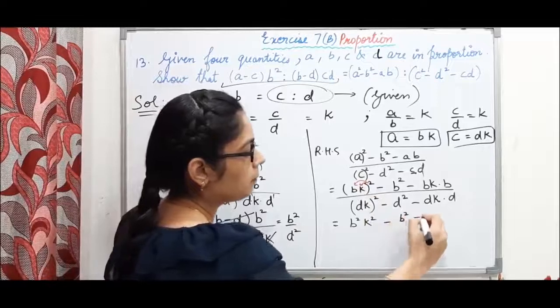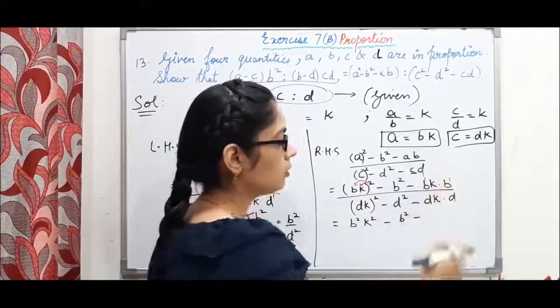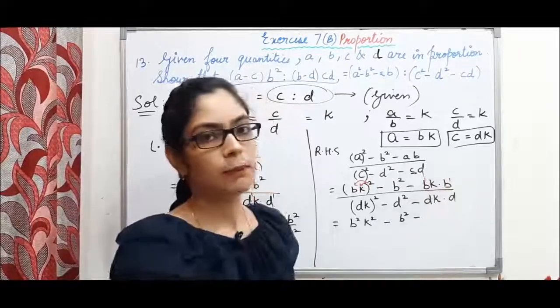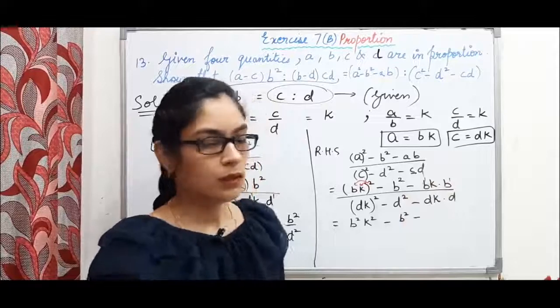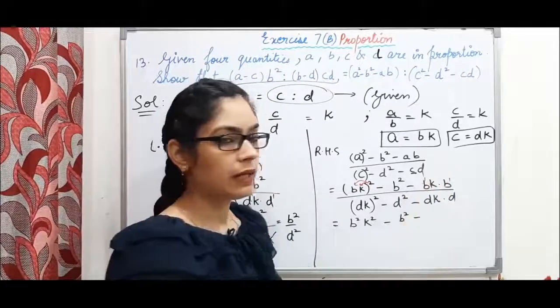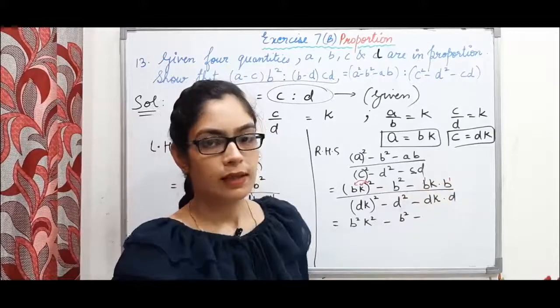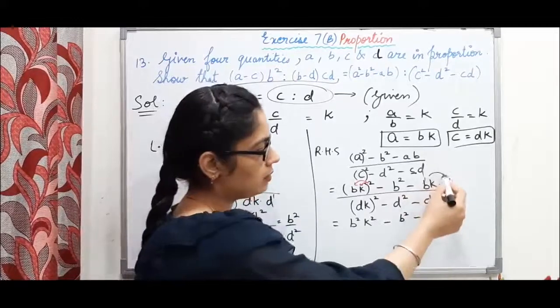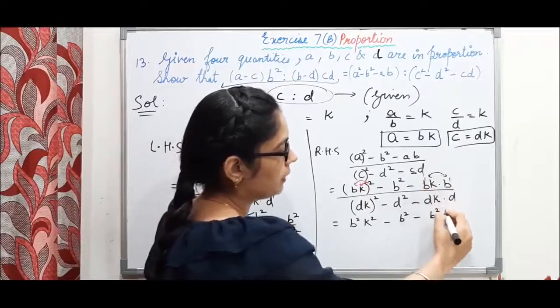minus b square minus. So here also see b, here also b into b, that means b to the power 1 into b to the power 1. So when bases are same and numbers are getting multiplied, we can add the powers. So 1 plus 1 is 2, k as it is.